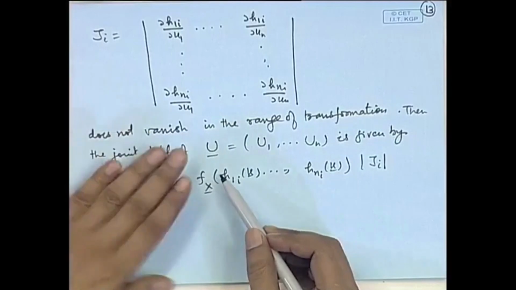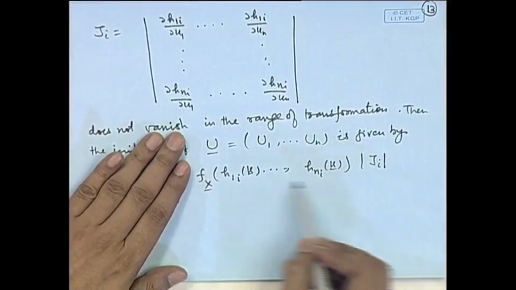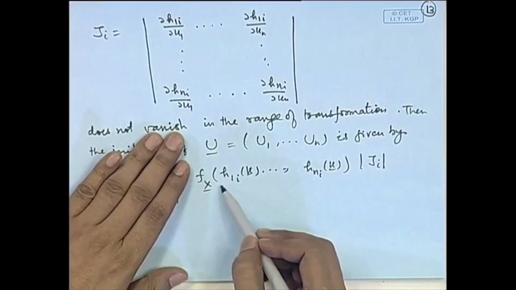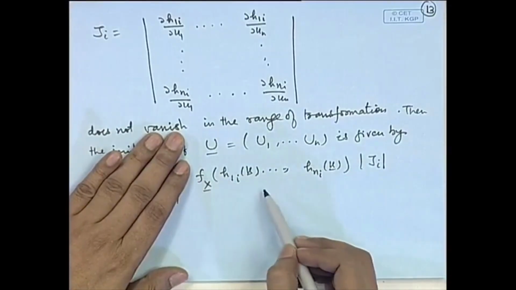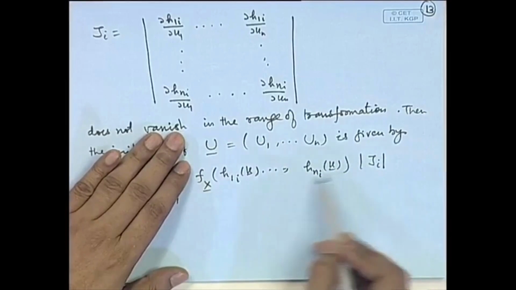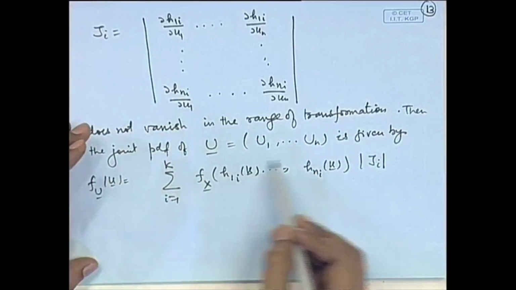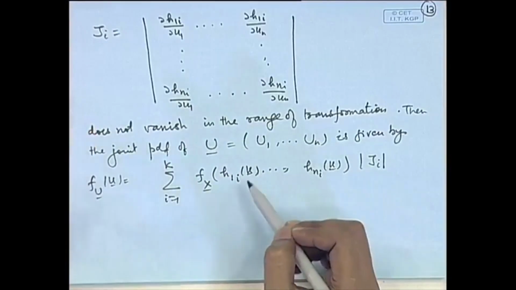So, note here, this term is the density determined by the 1 to 1 transformation from Ai into R n. So, we calculate this density for each region A1, A2, Ak and add. This gives the joint distribution of U1, U2, Un.